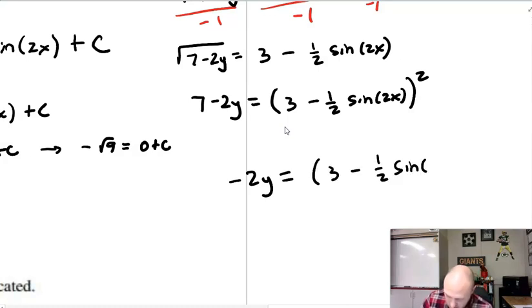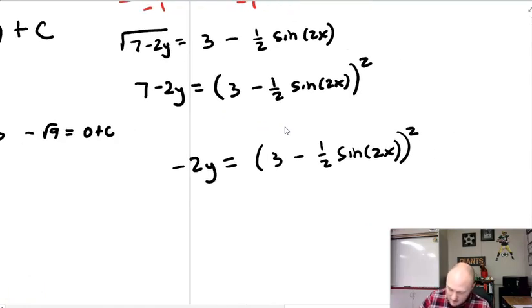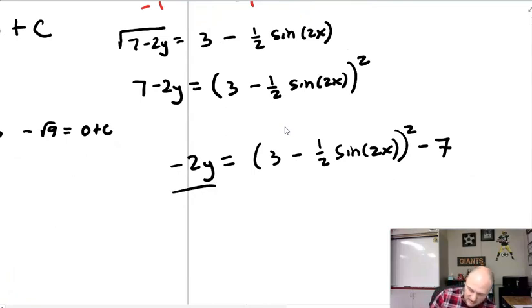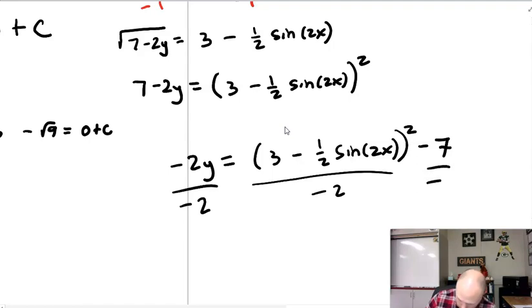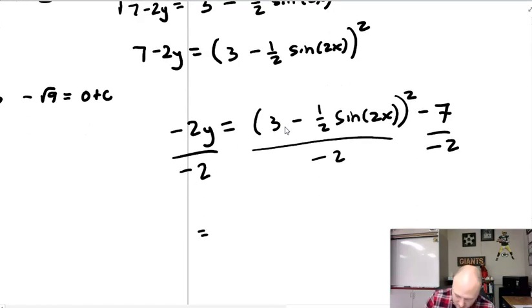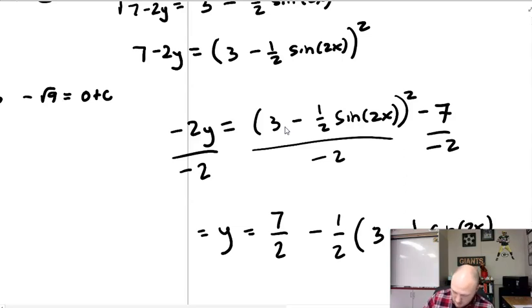We're really flexing those algebraic muscles. Subtract 7, and then I'm going to divide each side by negative 2, which gives us y is equal to 7/2 minus 1/2 of this whole thing, 3 minus 1/2 sine of 2x, quantity squared. That's it. There it is.